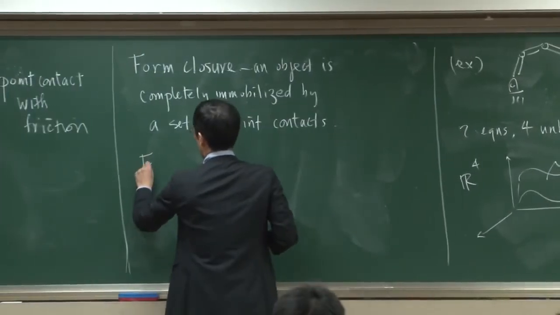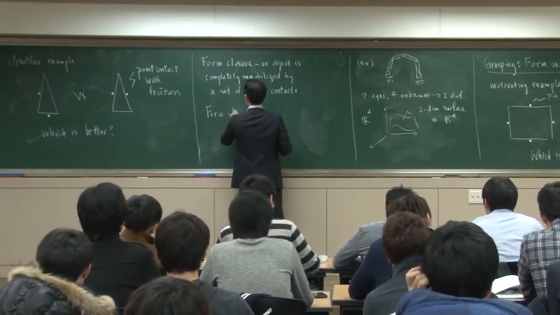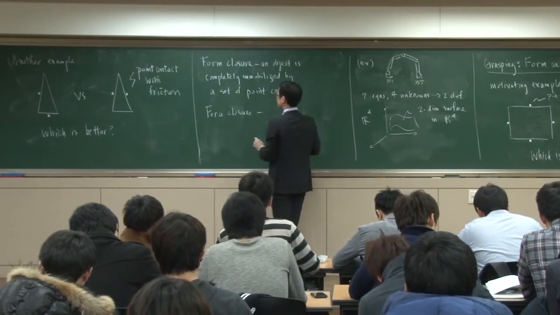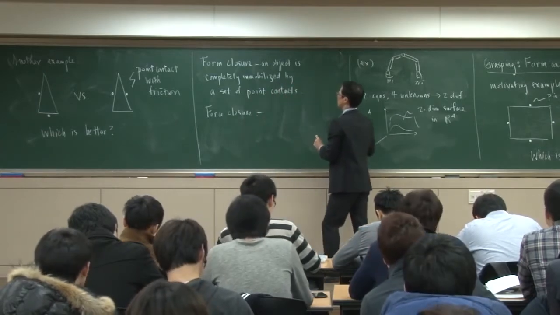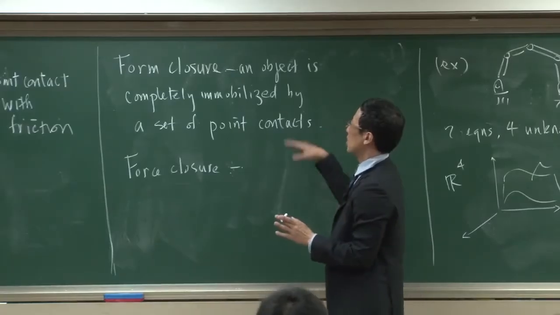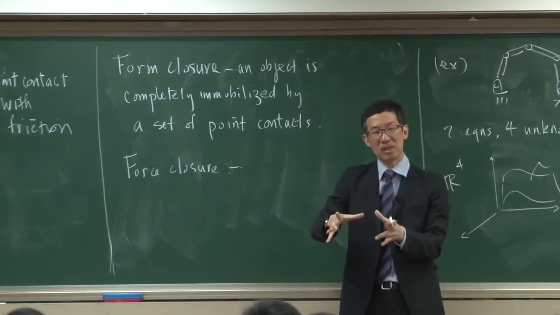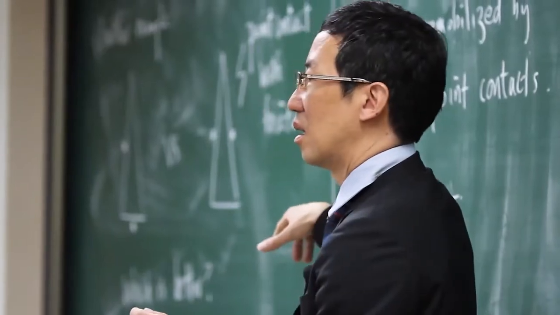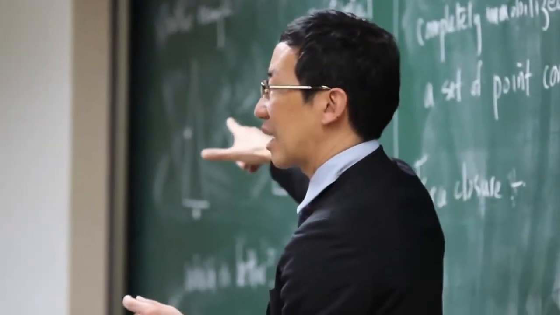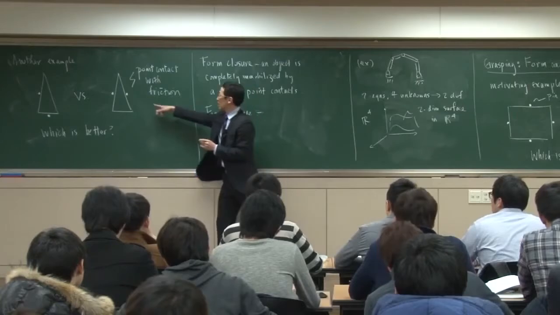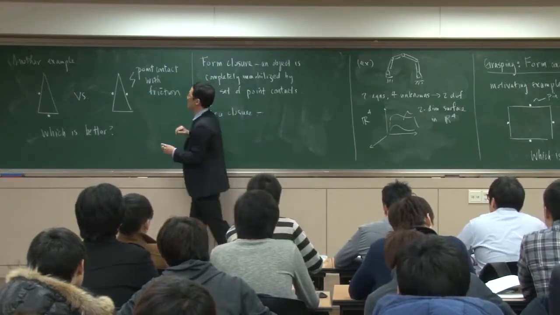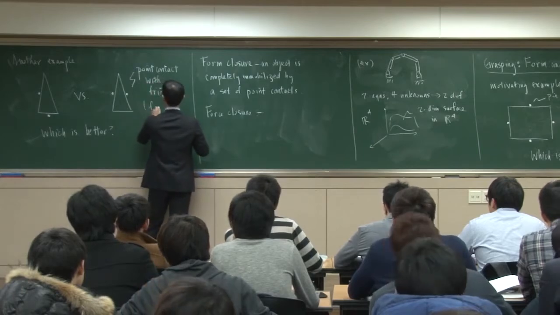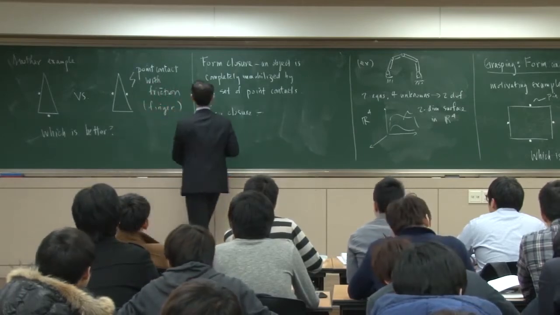Force closure is related but slightly different. In the case of form closure, an object cannot move. It's completely immobilized. In the case of force closure, what it means is that, let's think of these as fingers. So I guess stick your finger.